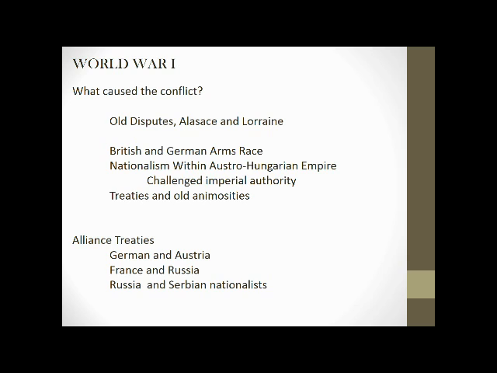Similarly, France feared a German attack and wanted the Russians fighting on the Eastern Front. And probably the most significant for the spark is the Russian alliance with Slavic and Serbian nationalists in the Balkans, the area today where countries like Serbia, Bosnia, Croatia and so forth are located, the former Yugoslavia.